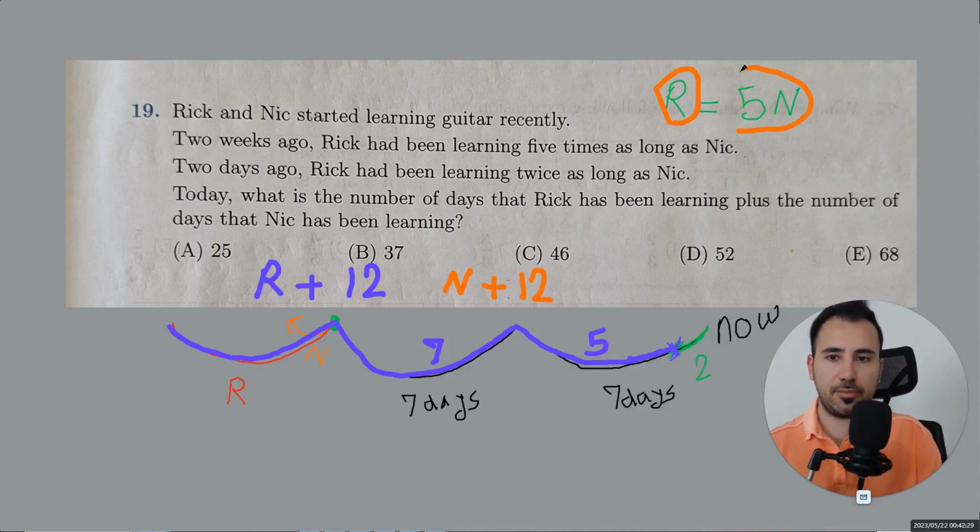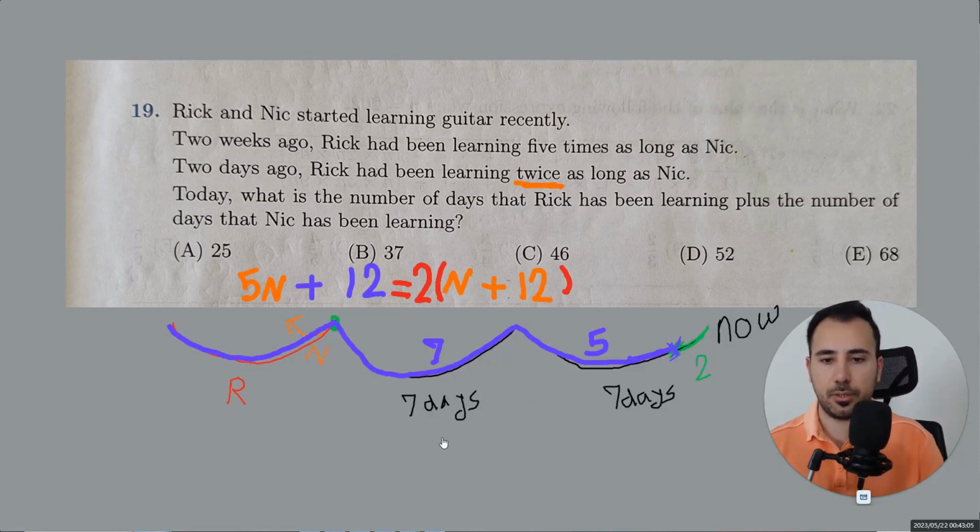Now we have this equation over here. Instead of r, we're going to write 5n. So that would be 5n. That's for Rick. Rick was 5n plus 12. Nick has been doing it for n plus 12. Okay. And here it says that it's just twice. Okay. So Nick is the smaller number. So we give times 2 to this part. Okay, so all we have to do is solve this equation.